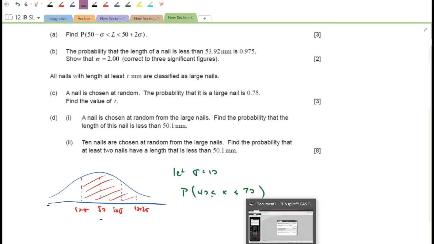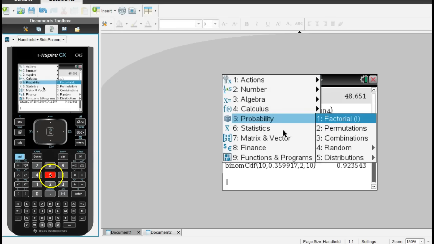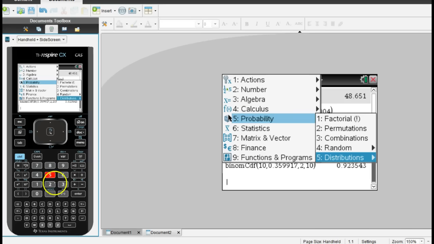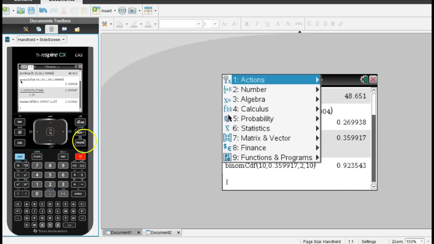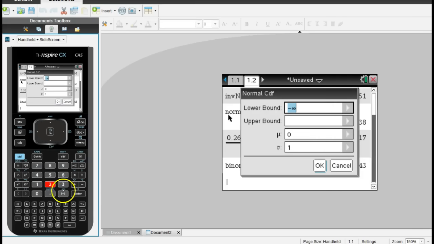So we go into our calculator, hit menu 5, 5 to get in there. Normal CDF is 2. Something happened there. Menu 5, 5, 2. Our lower bound is going to be 40. Remember, you can choose whatever numbers you like here for the standard deviation.